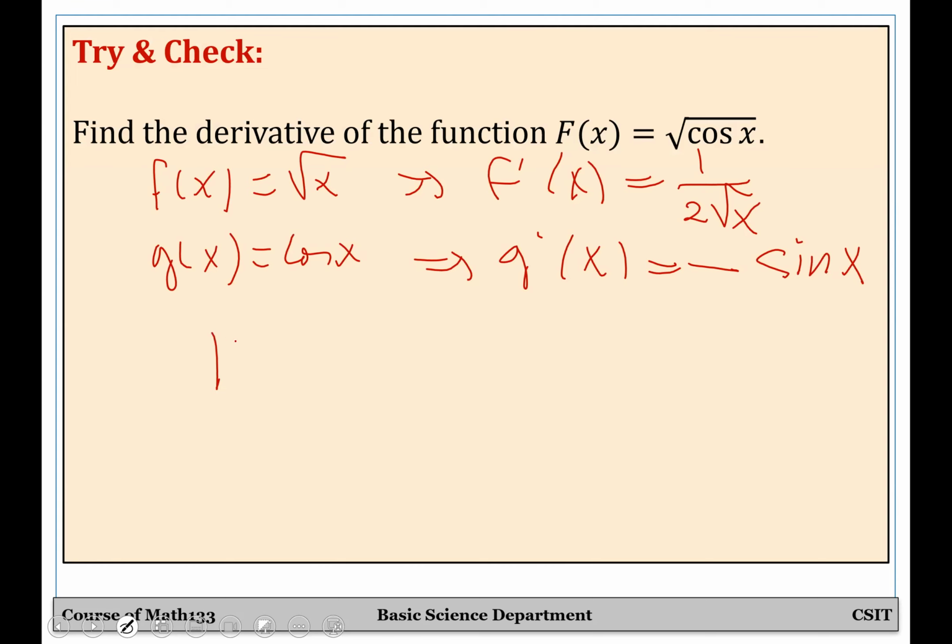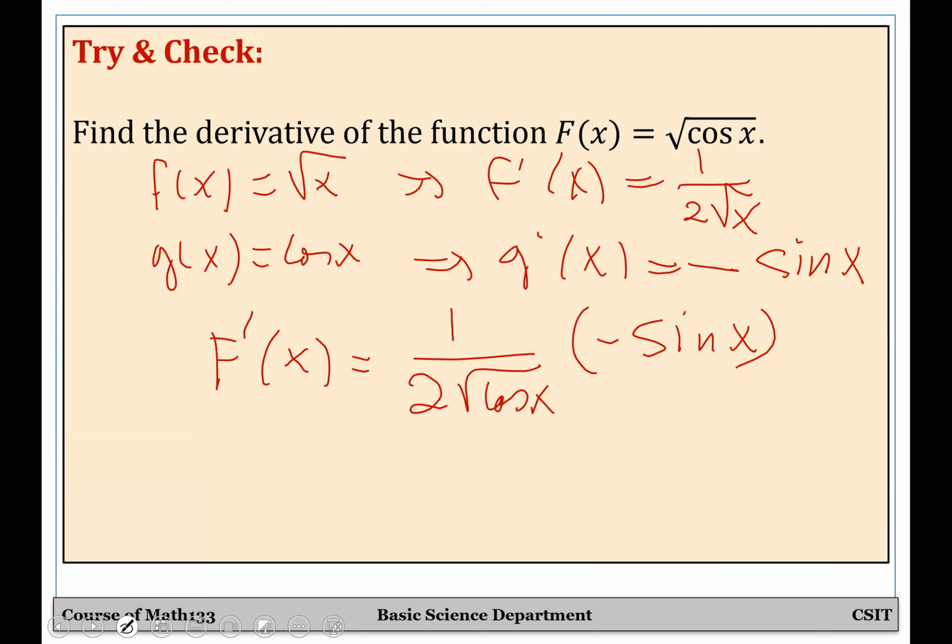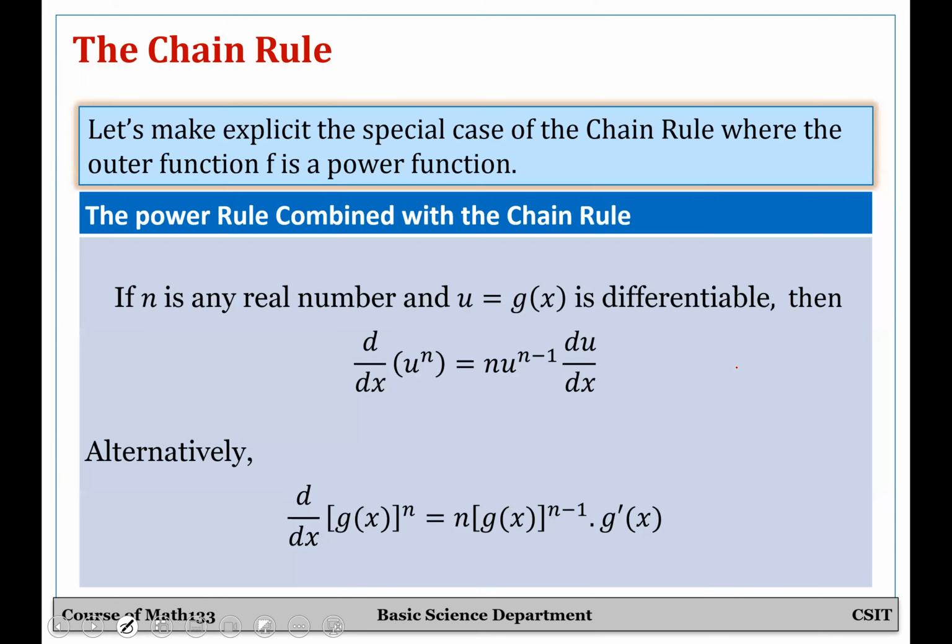Okay, so the application of the chain rule will give f prime of x equal to 1 over 2 root cosine x multiplied by minus sine x. Okay, now the chain rule, a particular case for the chain rule.